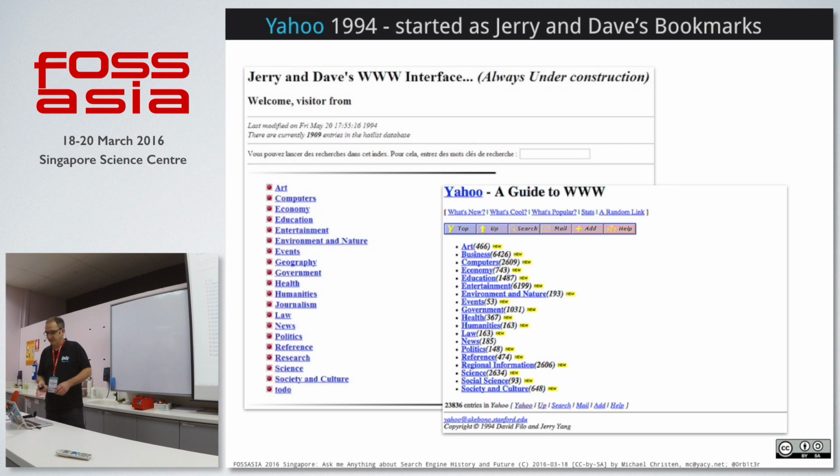And one of the first attempts to organize information was the page called Jerry and Dave's WWW interface. It was just a published bookmark list. And this became Yahoo. It's just a change in the headline, and it was an ontology of topics.